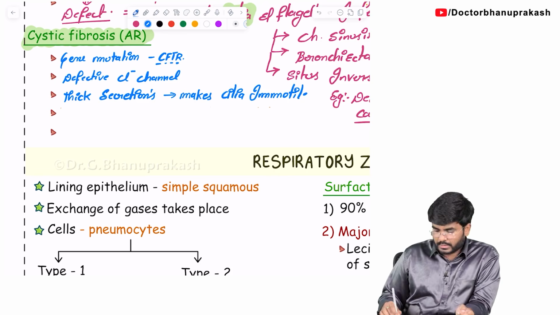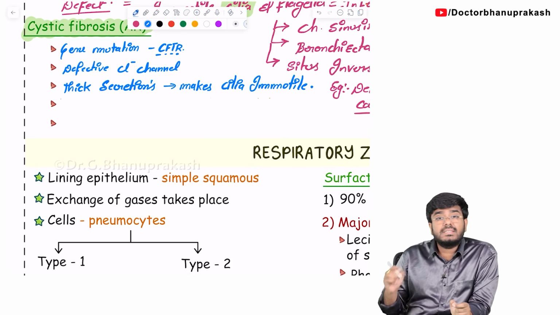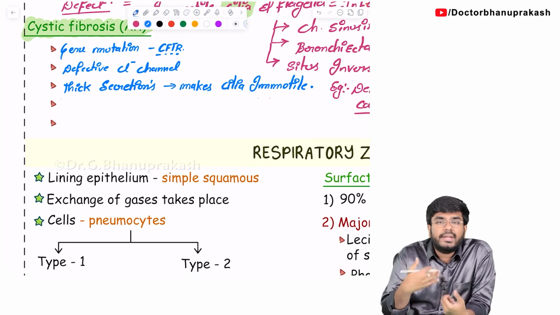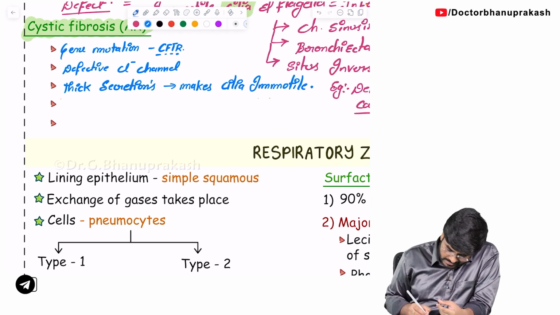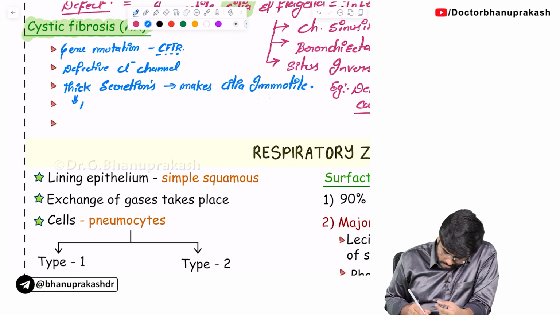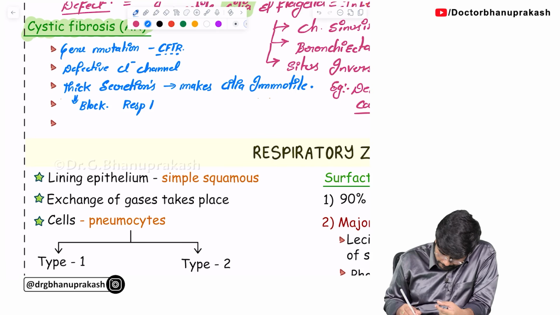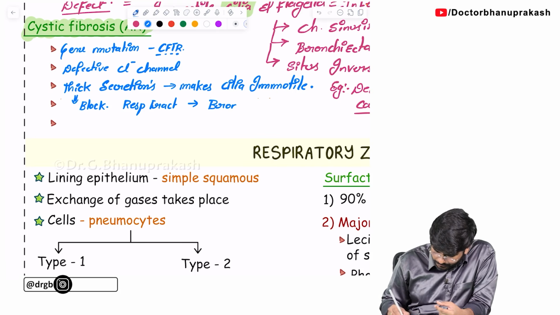So again, the cilia are not going to beat. Do you know what these thick secretions will do? They will block the respiratory tract, leading to infections and bronchiectasis.